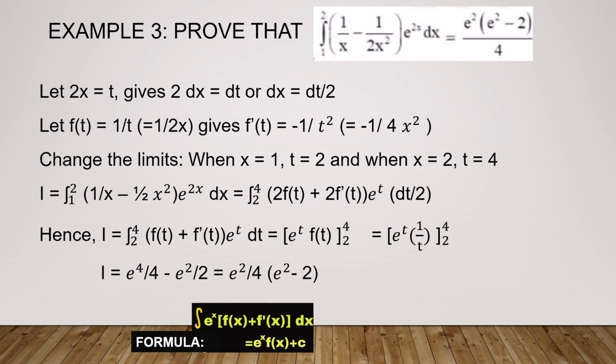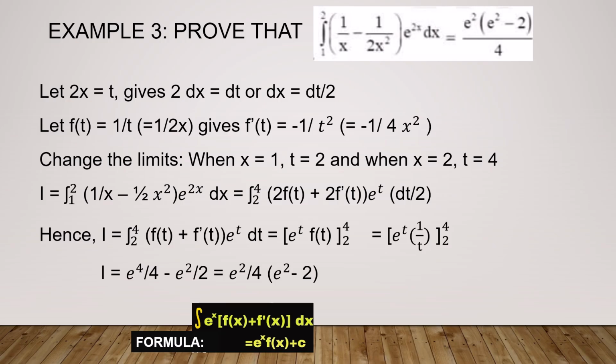So it is e²/4 into (e² − 2). Correct? So now you have proved that the above integral is equal to e²/4 into (e² − 2).